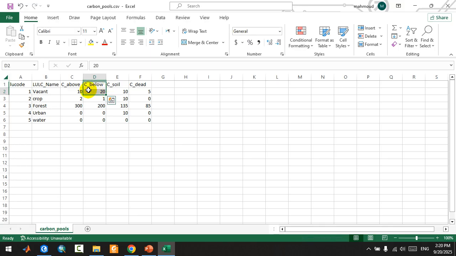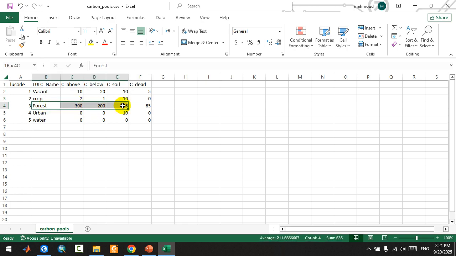In the below ground, in the root, is 20 metric ton carbon storage in the hectare, and the soil organic matter is 10 metric ton carbon, and dead matter is 5 metric ton carbon in the hectare. In the cropland, 2, 1, 10, and 0.